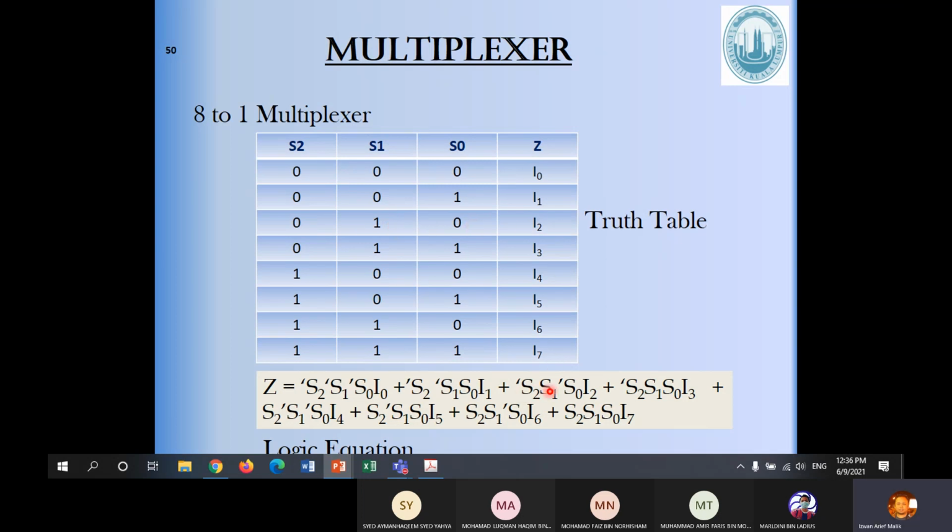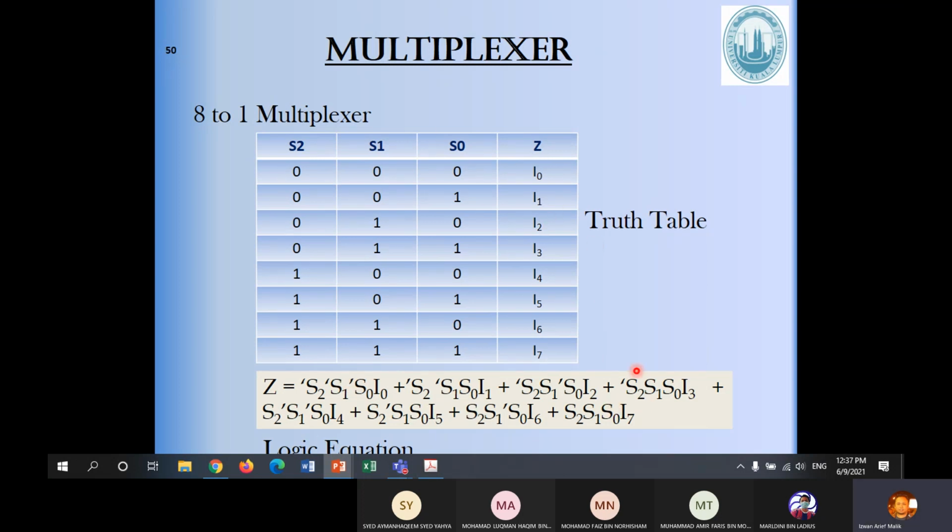So add this row, add this row, add this row, until the last row, 1, 1, 1. So S2, S1, S0, I7. So you'll be having 8 groups of SOP here. There are 8 output groups.